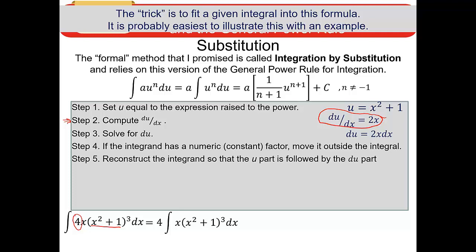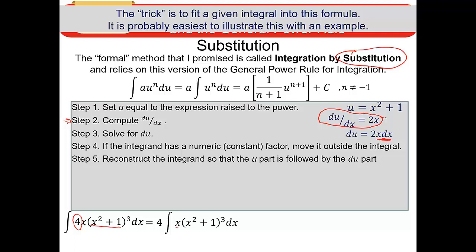Next, and this is the important part, well, it's all important, but this is a crucial part. Reconstruct the integrand so that the u part is followed by the du part. In other words, you're going to make a substitution, hence the name, but you need to get the u stuff together and the du stuff together so you can do that. So you notice, I hope, that the du has an x and a dx.